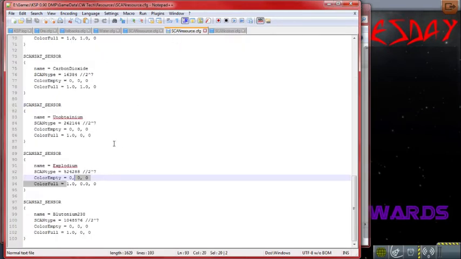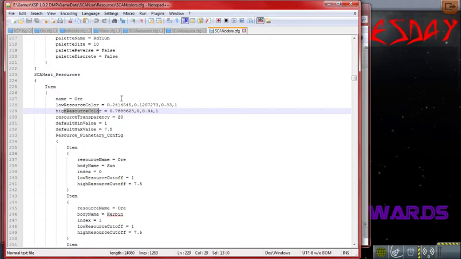So if you have a look here, we've got colour empty, colour full, and it goes over direct correlation to those two values, except you have an additional one at the end. Transparency, that's seeing through the colour. So, default min value and max value. Self-explanatory.